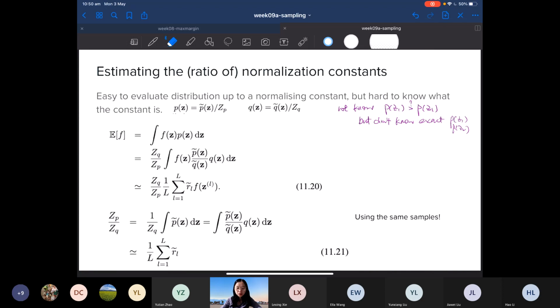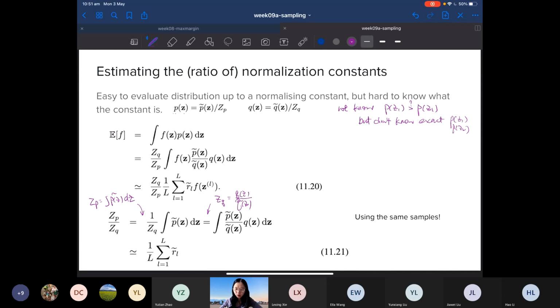Then the ratio, if we simply plug in the definition of the normalizing constant: ZP is basically the volume of P tilde of Z integrating over the domain of Z. So we plug that in, we get this. And then in the second step, ZQ is essentially a constant, so we plug in ZQ as Q of Z over Q tilde of Z into this expression, and we get this next term.